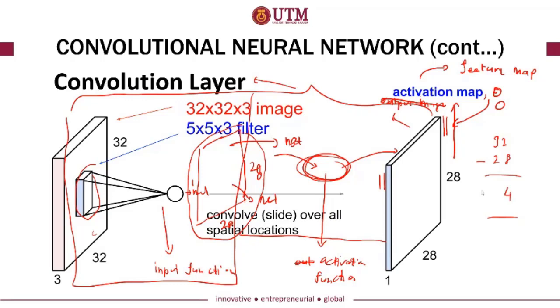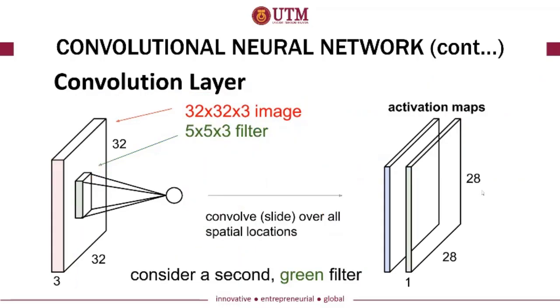Again, the CNN does not depend on just one filter. Let's say you compute with another filter. Of course, this green one is a second filter where the size is similar. In general, the size is similar, but the coefficients of the filter might be different. The W inside here is different.